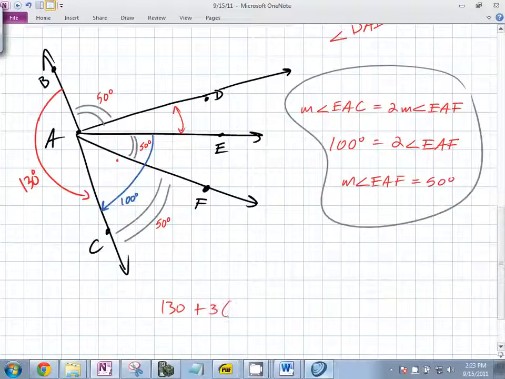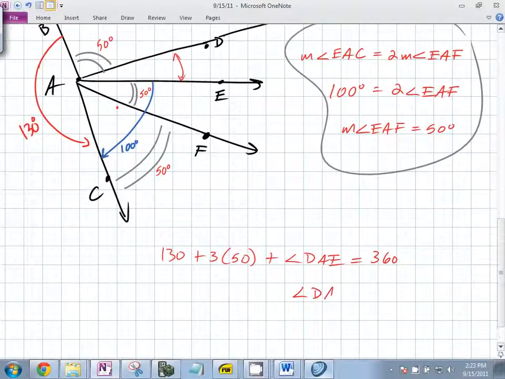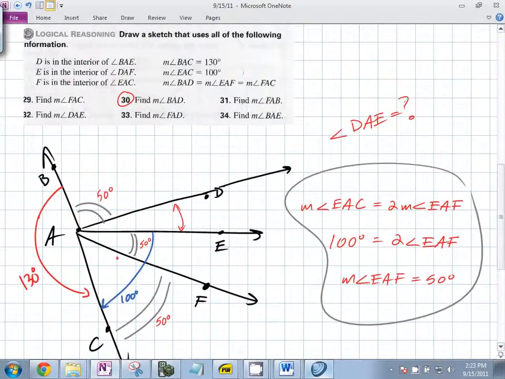We have 3 50-degree angles plus angle DAE. Have we just gone all the way around the circle? We've gone all the way around the circle, so it has to be 360. So angle DAE is going to be 230 minus 150, which is what? 80 degrees. That's not what it's asking, but we could put that in there.